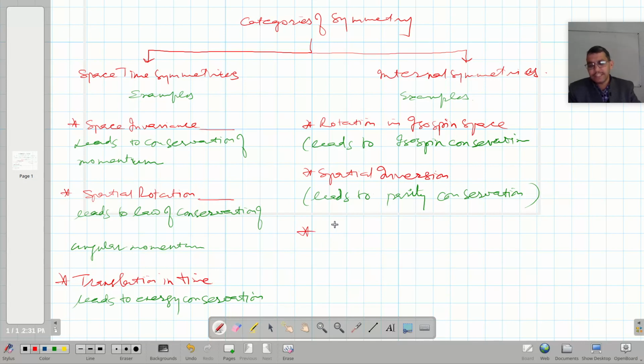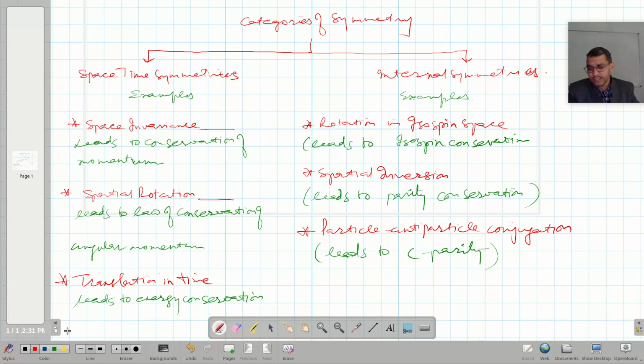And particle antiparticle conjugation, and this leads to C parity.